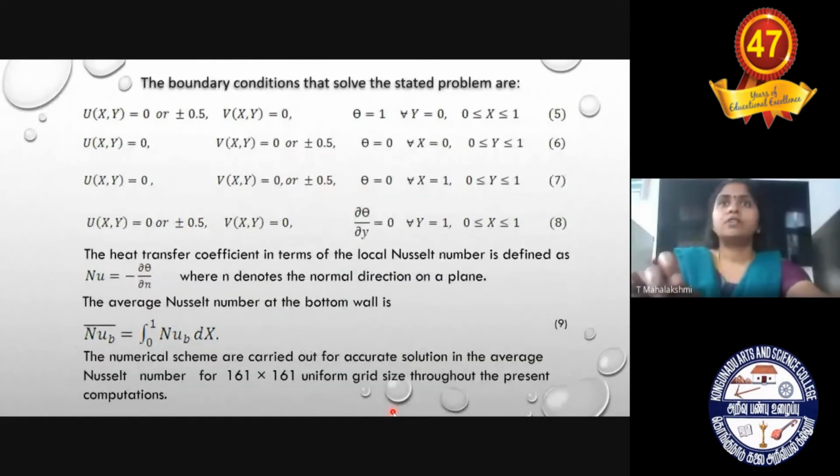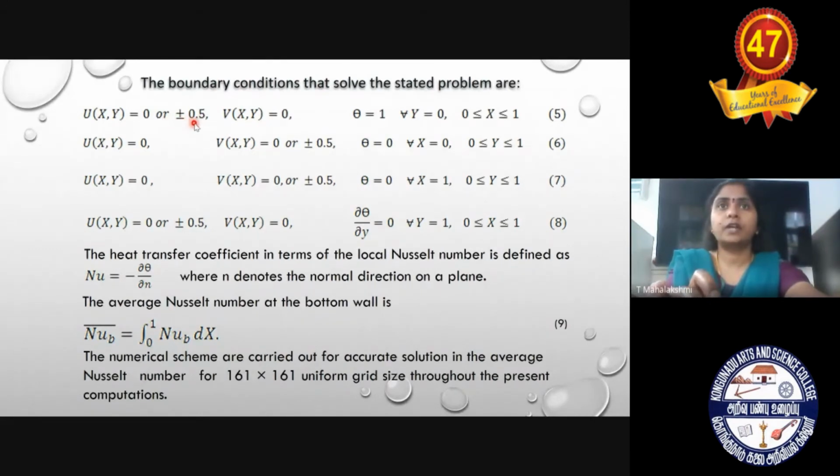So once we consider the enclosure, we need to go with the fixing of boundary conditions for solving the problem. The first equation represents u of x comma y is 0 or plus or minus 0.5 that I kept. This equation represents the velocity of the walls, where x lies between 0 to 1.